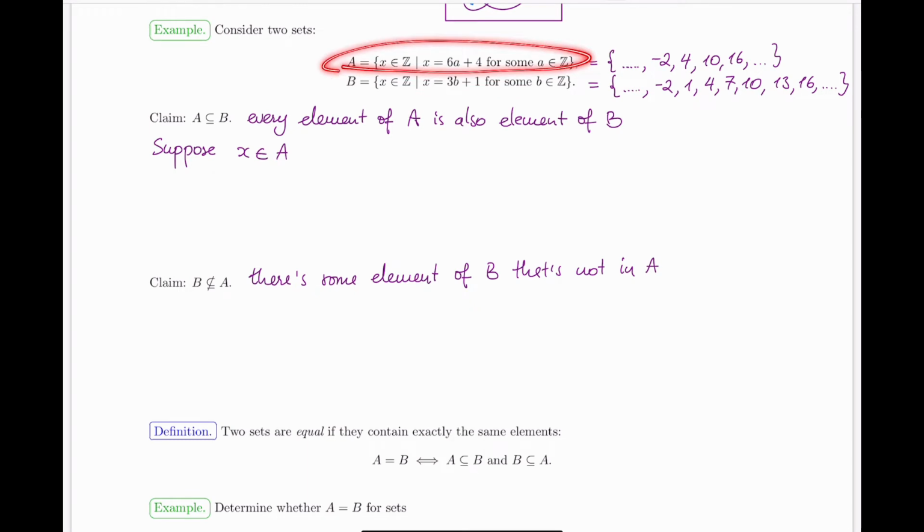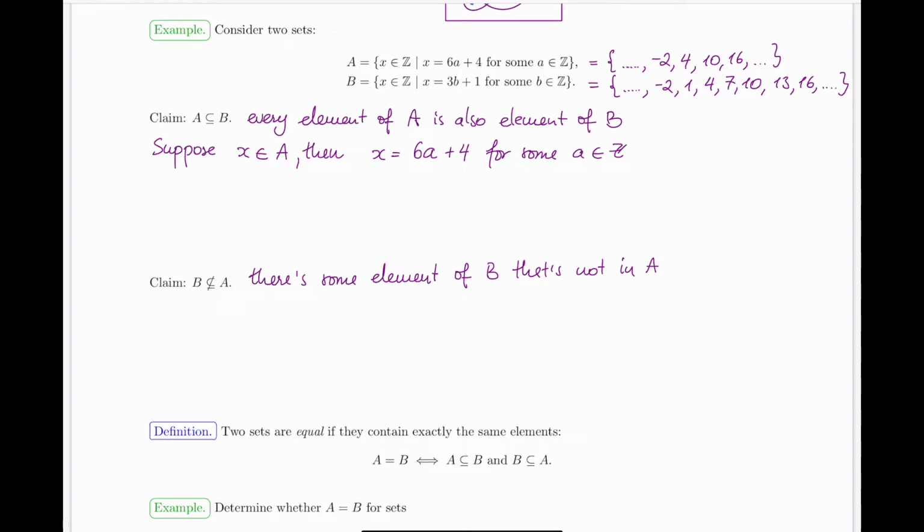And of course, I'm going to use the structure of my two sets in order to fill in these middle steps. So if X is in A, what do I know about X? Well, in A, all of the elements are of this form. So I know that X is of the form 6a plus 4 for some integer a.